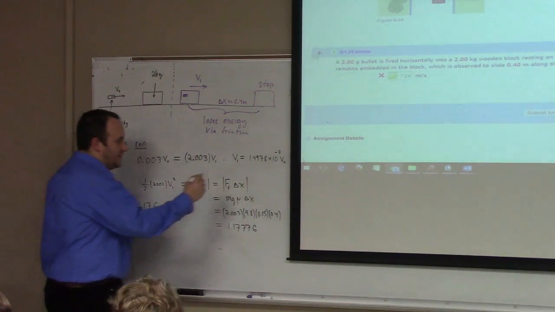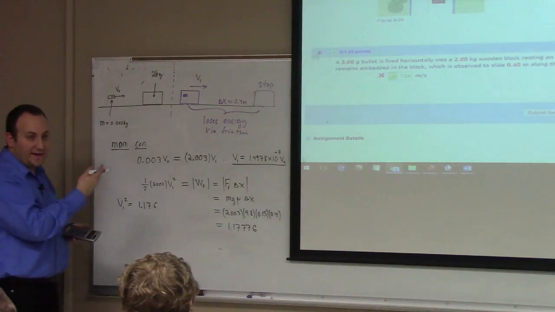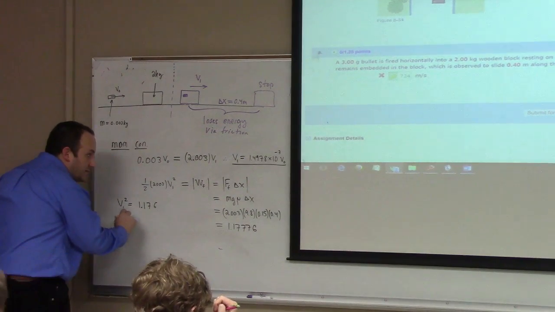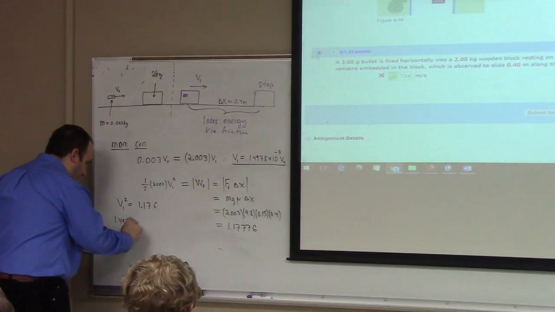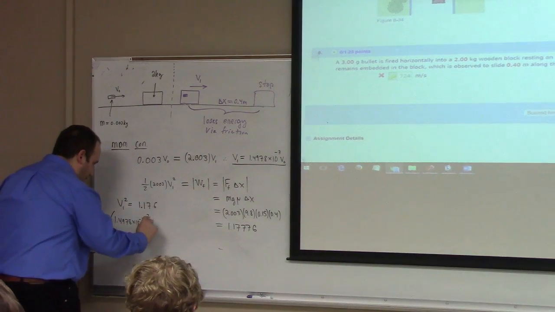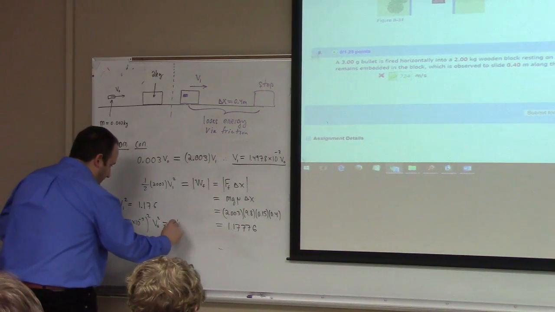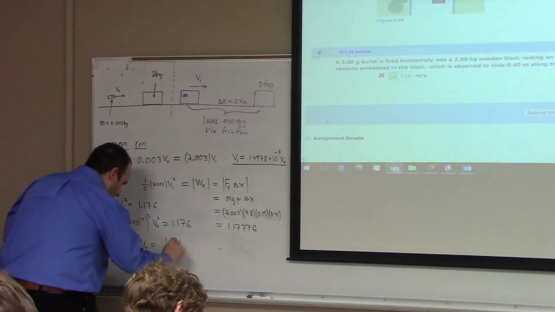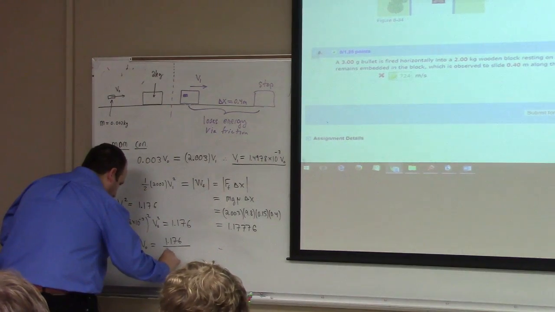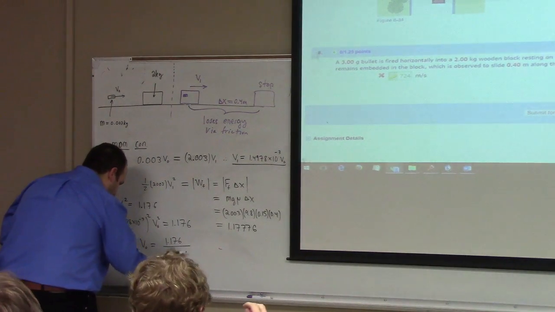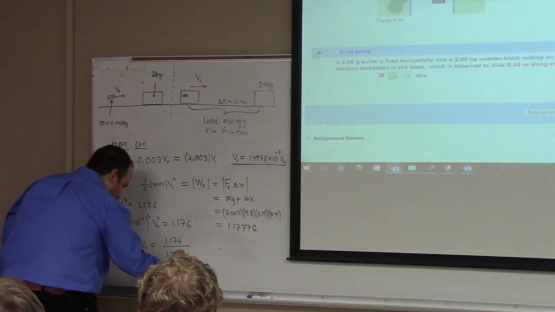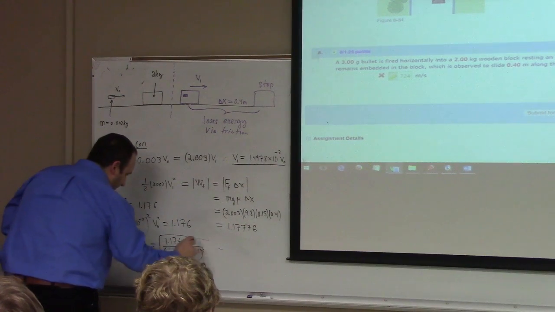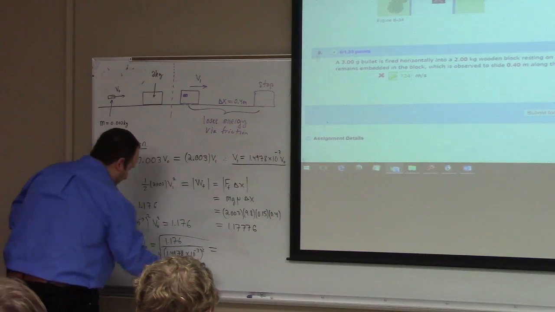But we already know what V1 is, so I square that. So this gives me 1.4978 times 10 to the minus 3 quantity squared times V naught squared is equal to 1.176. So V naught is equal to the square root of 1.176 divided by 1.4978 times 10 to the minus 3 quantity squared, whatever that is.